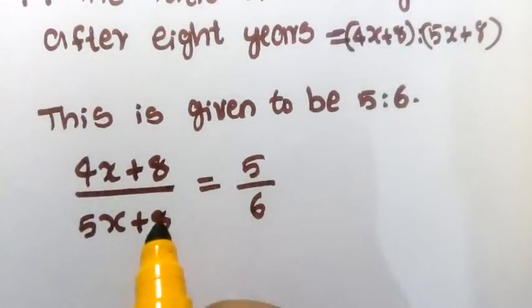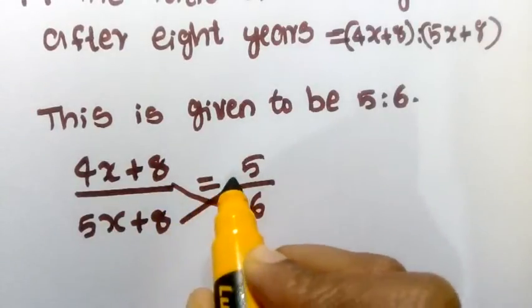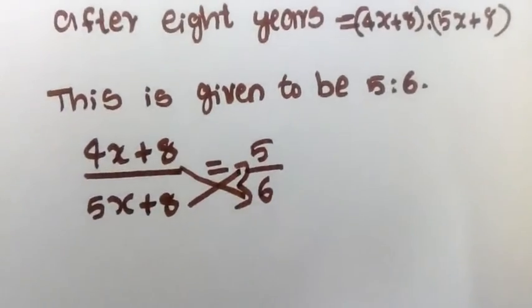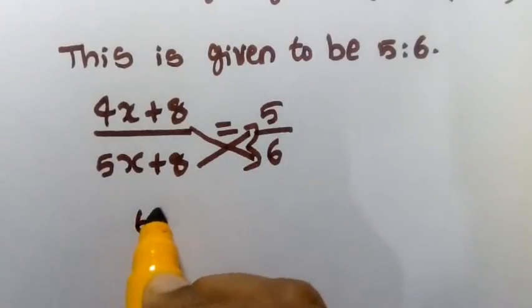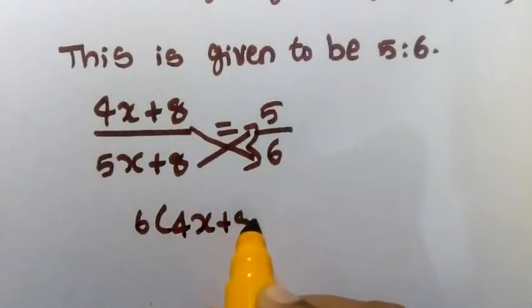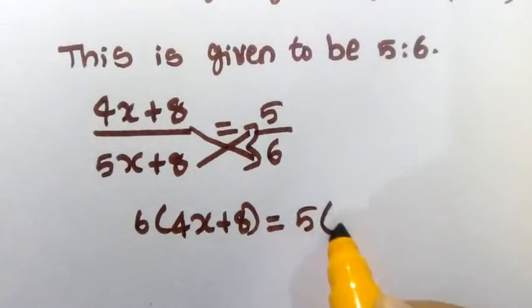We can reduce this equation by cross multiplication technique. So the next step is 6 into 4x plus 8 is equal to 5 into 5x plus 8.